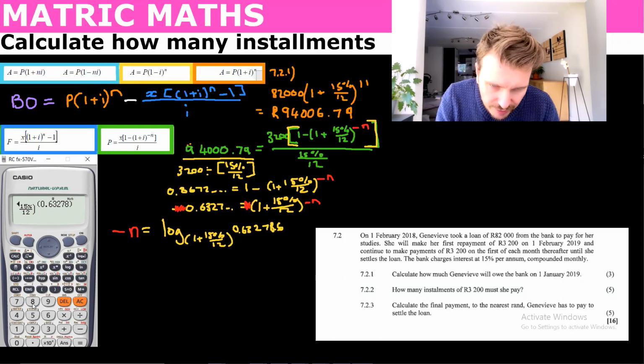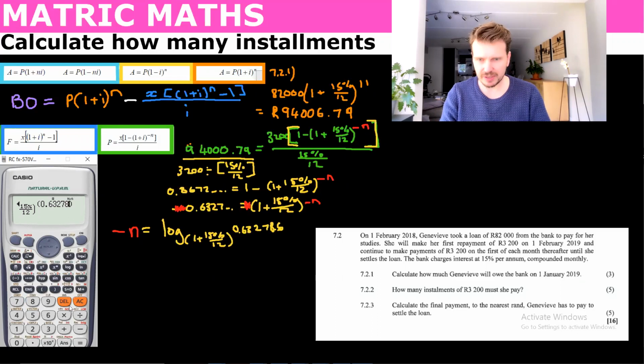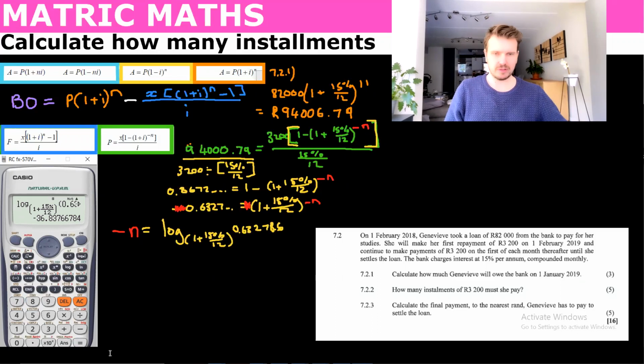Now what was that? It was a 5 or 6. Okay, let's just make it a 9. 63279, and we get 36 payments, so we get 37 payments.